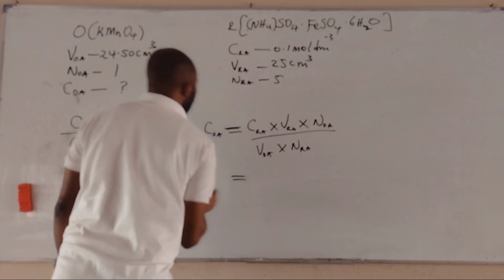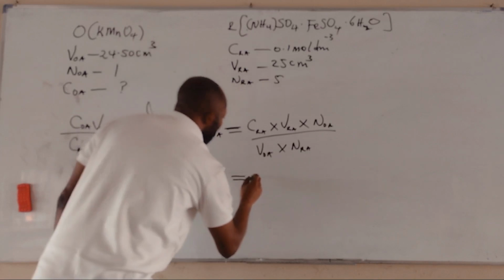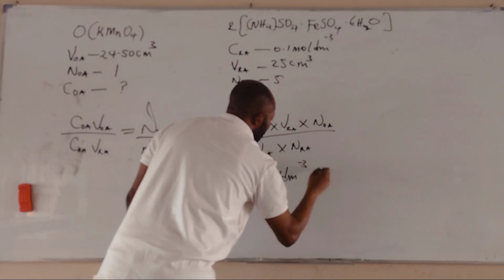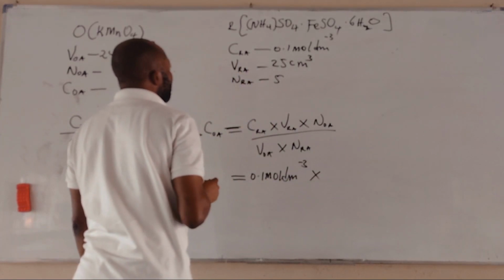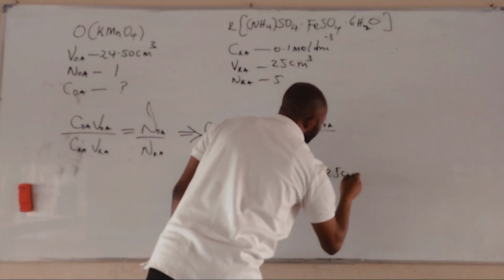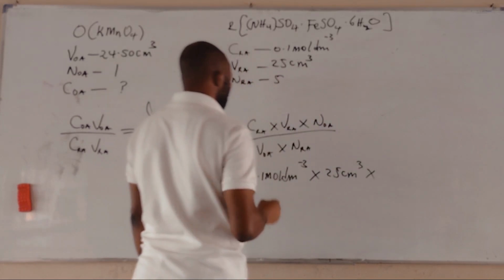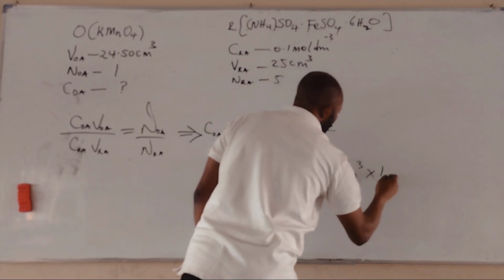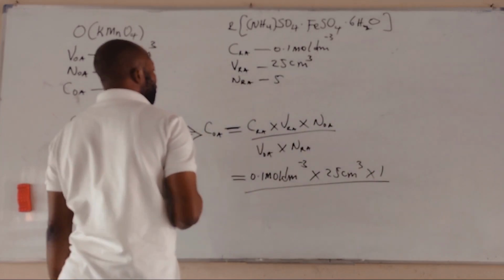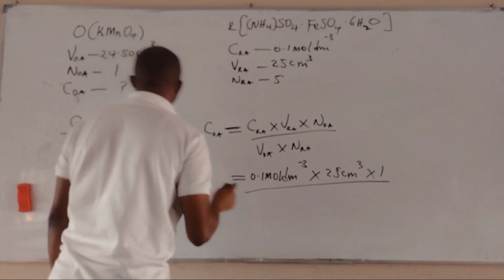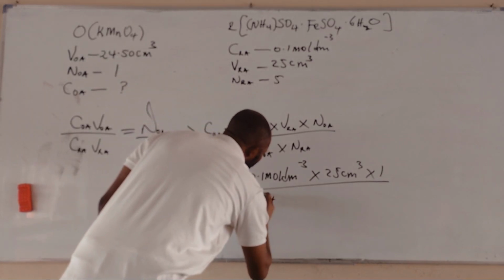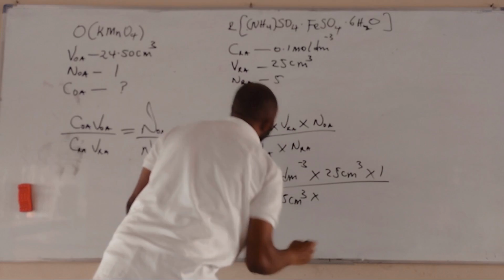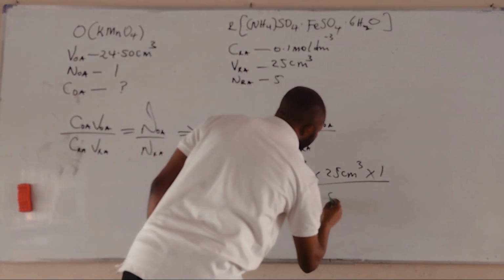Okay, this is equal to concentration of reducing agent is 0.1 mole per dm cubed. Volume of reducing agent is 25 cm cubed. Number of moles of oxidizing agent, 1. Volume of oxidizing agent is 24.5 cm cubed. Number of moles of reducing agent is 5.